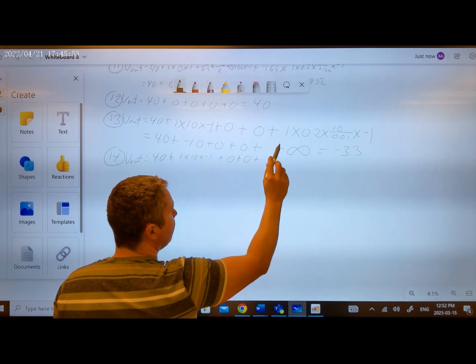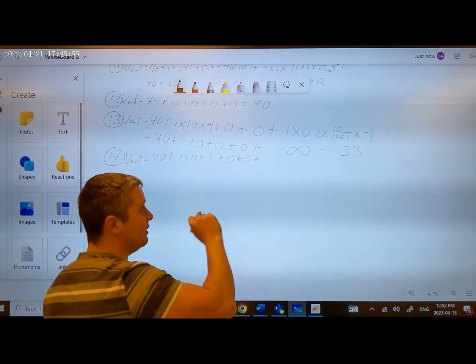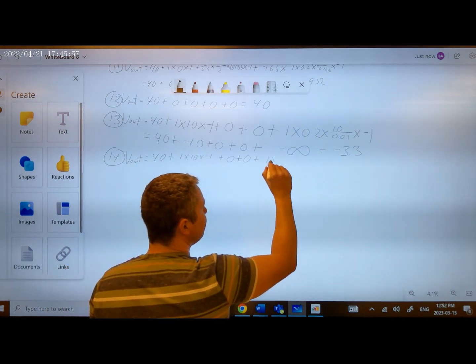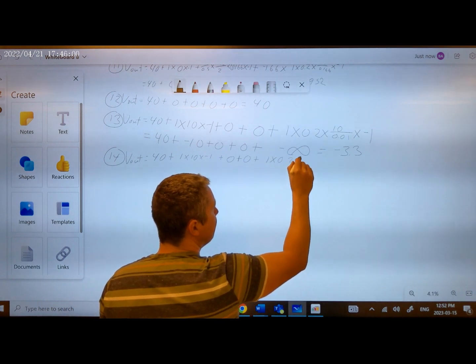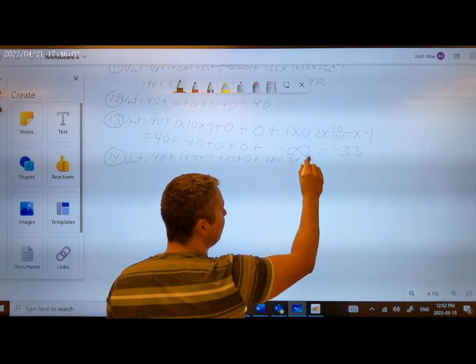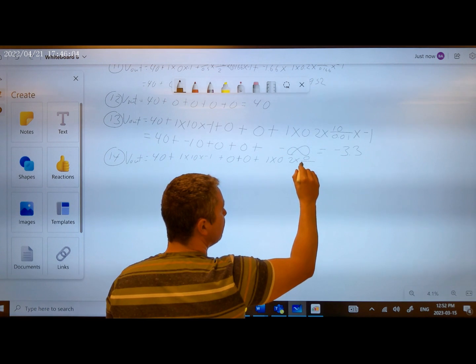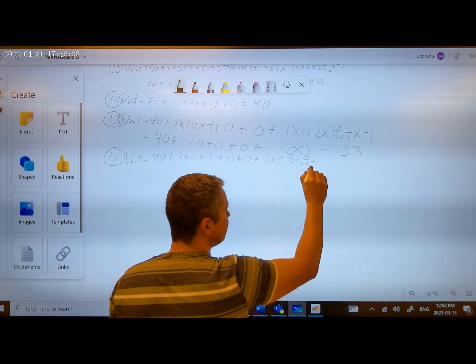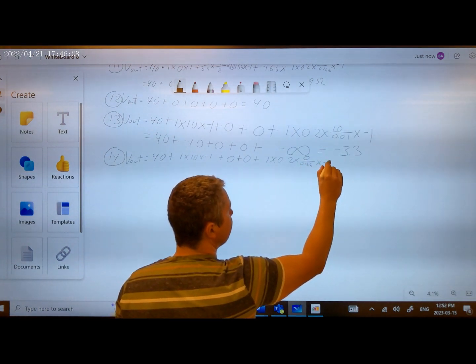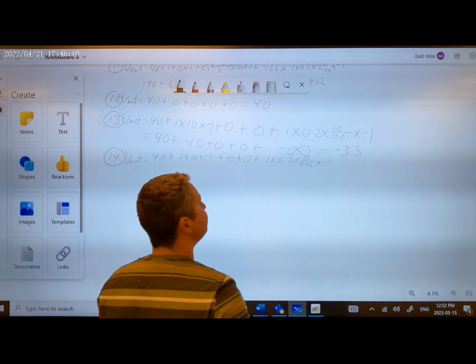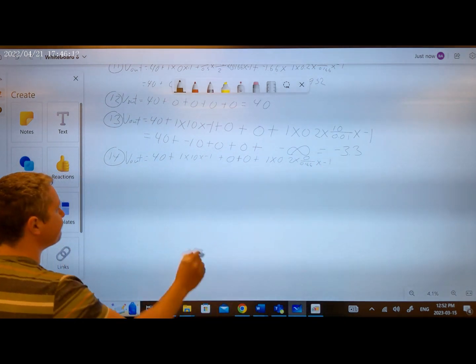Plus our derivative. Well, our derivative is 1 times 0.2 times, now we have an error of 0 over 0.166 times the direction of minus 1, which is reverse acting.